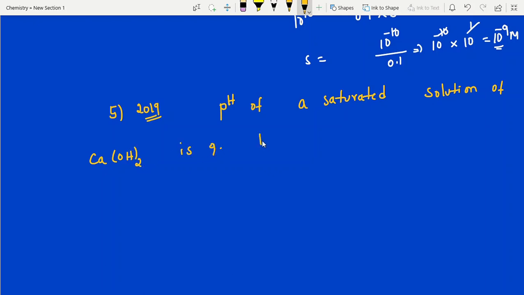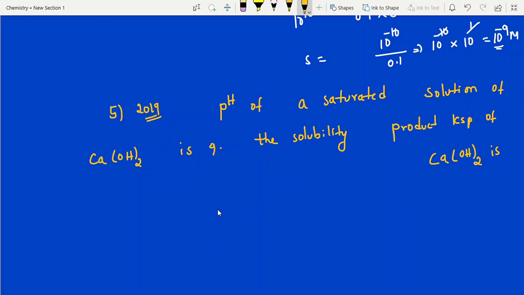The solubility product, KSP of calcium hydroxide, is what? Okay. So common ion, same like the pOH calculation I have done, you can do the same way.